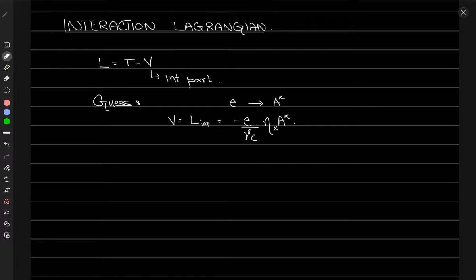Now I can write this down. I can break this into space and time parts. So in space-time parts, this will look like L interaction is equal to minus e gamma c, now for time, we know that we have the zero components of these eta and A. So this will be eta 0, A 0. This would be just the time component, and then plus we would have this thing e over gamma c times eta i A i.